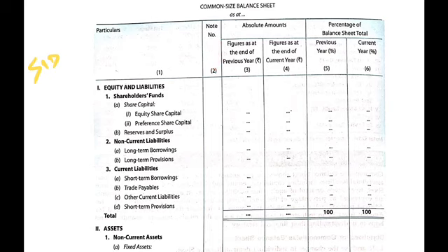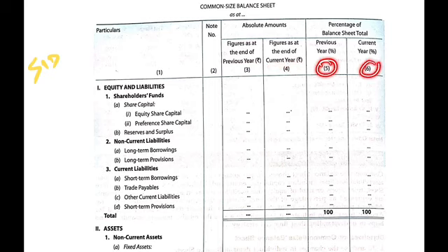The second column is note number. The third and fourth columns are the absolute amount for the previous year and the absolute amount for the current year. In the prescribed format, the current year comes first and later the previous year. But in comparative and common size statements, we take the previous year first and then the figures for the current year.